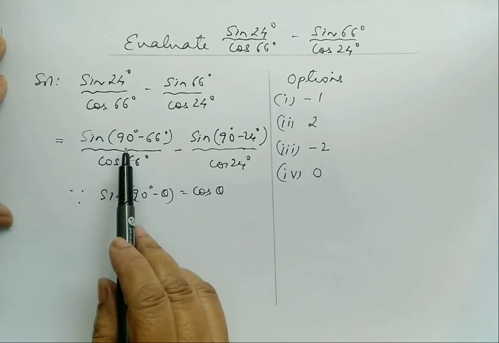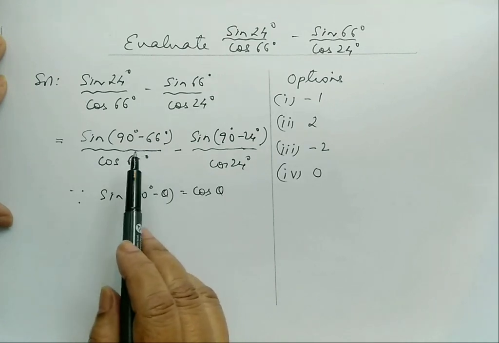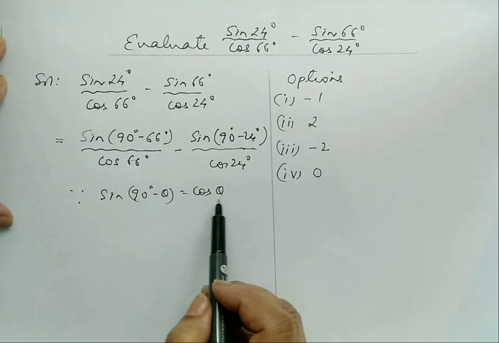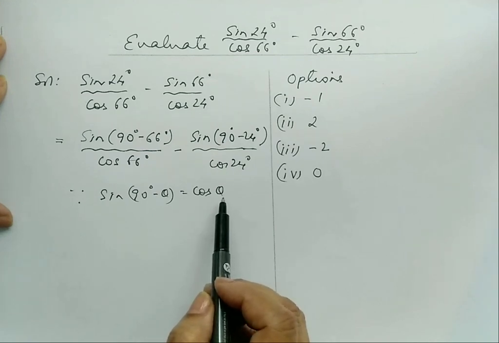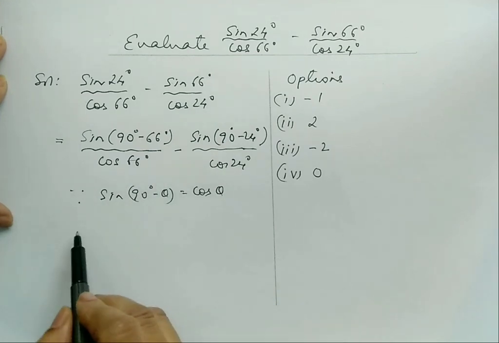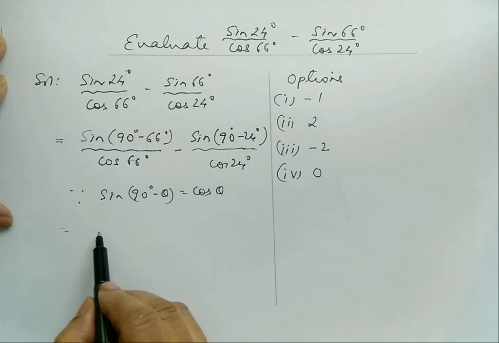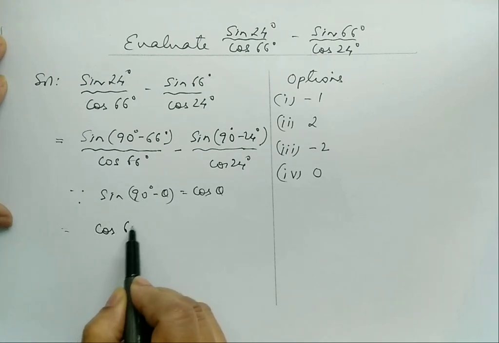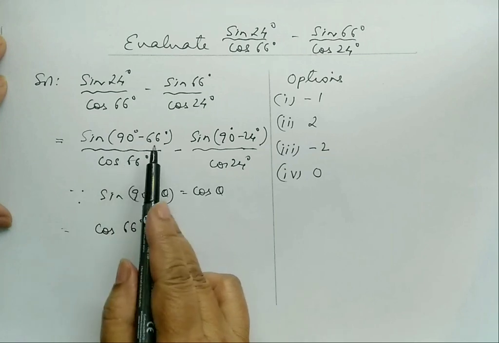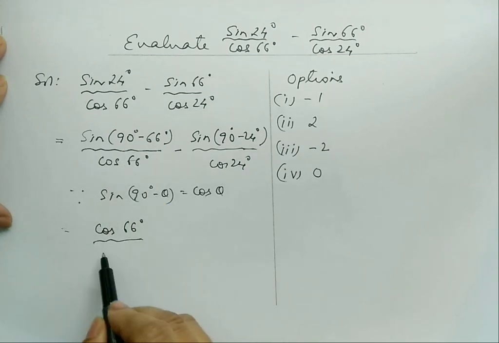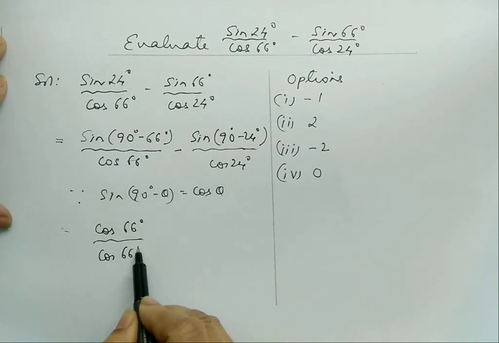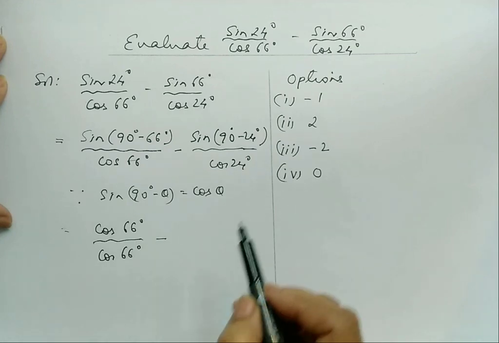Since sin of 90 minus theta ends up being cos theta, in this case theta takes the place of 66 degrees. So we get cos 66 degrees for this, and this cos 66 degrees will remain below.